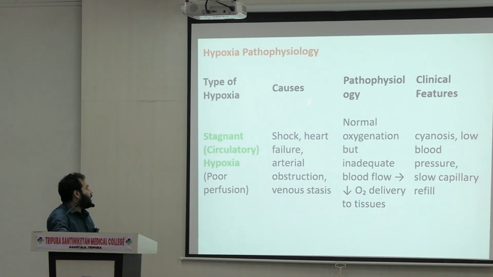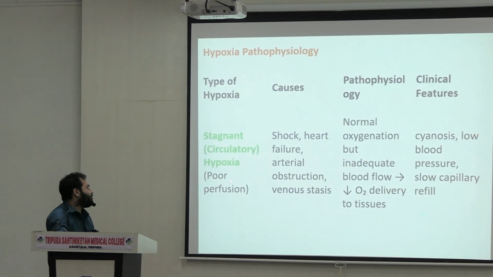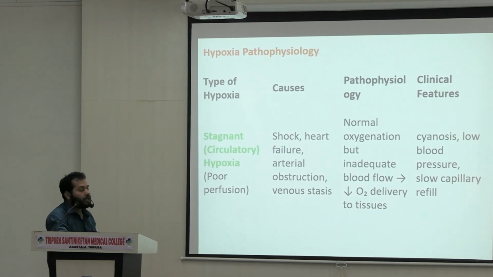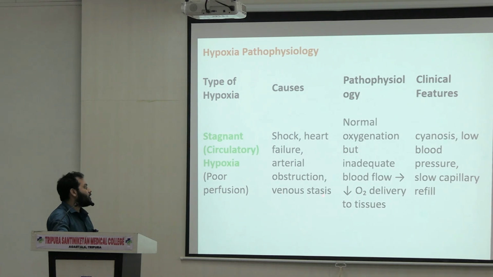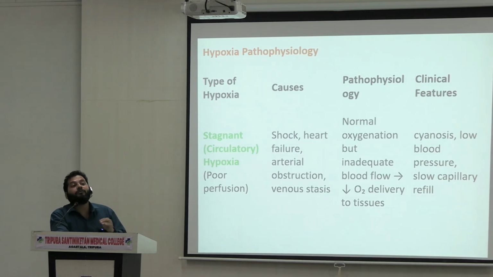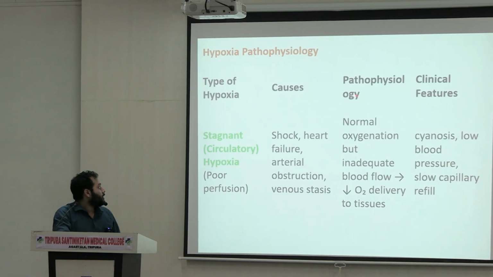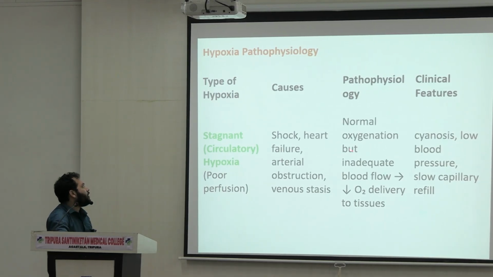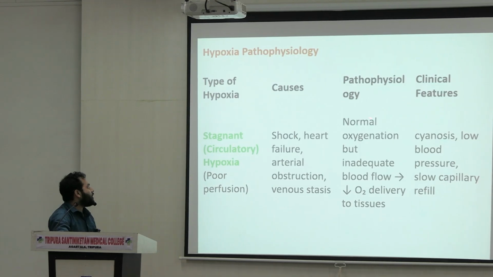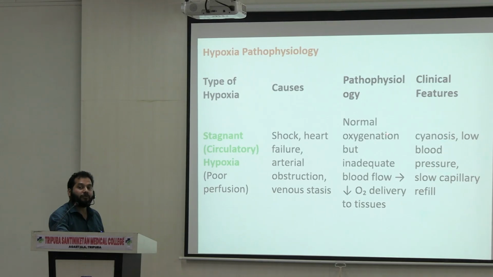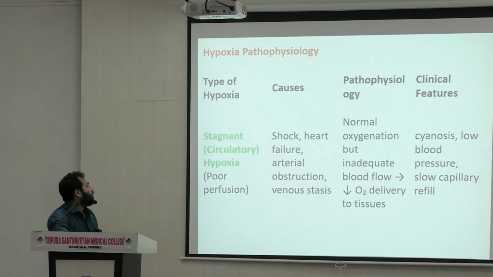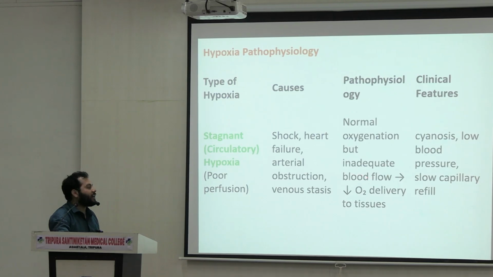You can see what are the most important causes of poor perfusion. This is due to hypovolemic shock or cardiogenic shock. Other than shock, heart failure and arterial obstructions, and even in some cases venous stasis, affect the normal flow of blood, right? You can see in the pathophysiology section, in stagnant hypoxia, oxygenation is normal, meaning partial pressure of oxygen in artery is normal, but there is inadequate blood flow.